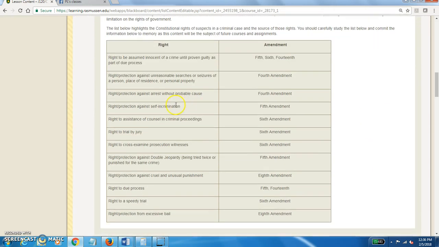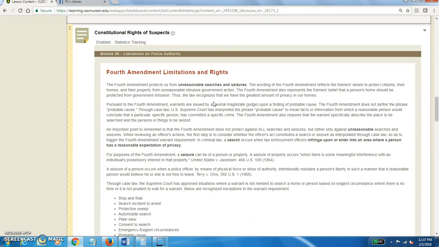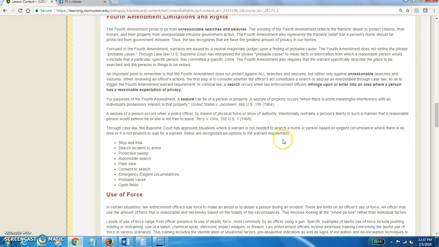So again, chapters 10 and 13, we have a fair amount of content here. For this class and classes going forward, you should know essentially the main points of the 4th, 5th, and 6th Amendments regarding rights of suspects. So be sure to essentially memorize this list. The 4th Amendment protects against unreasonable searches and seizures. Not all searches and seizures, but unreasonable searches and seizures.